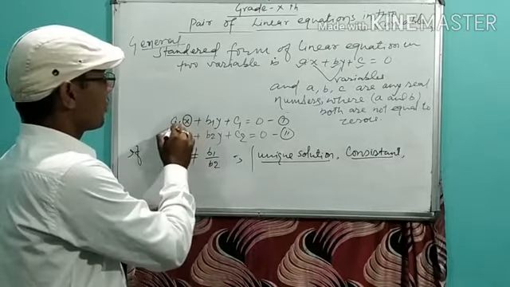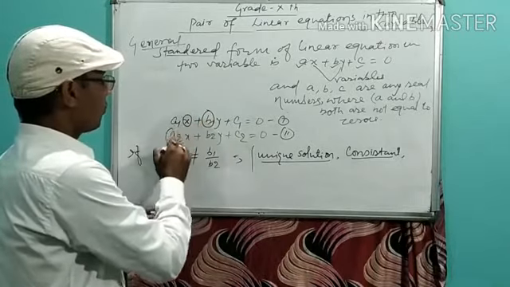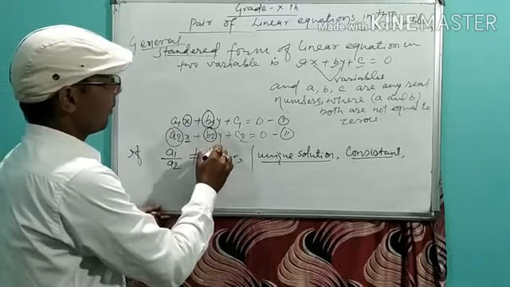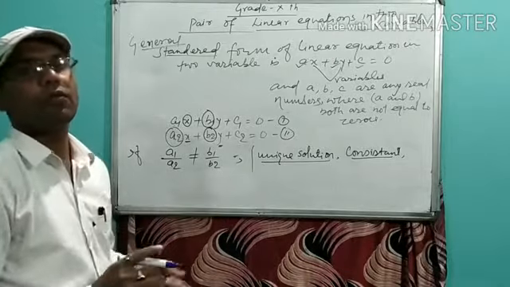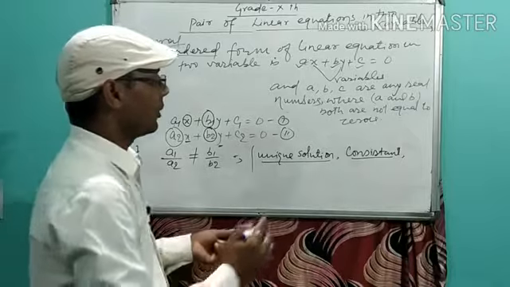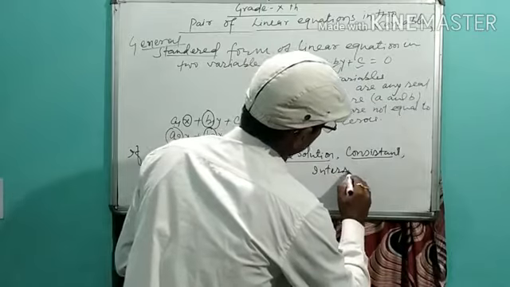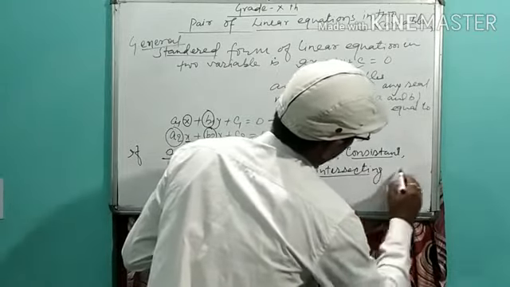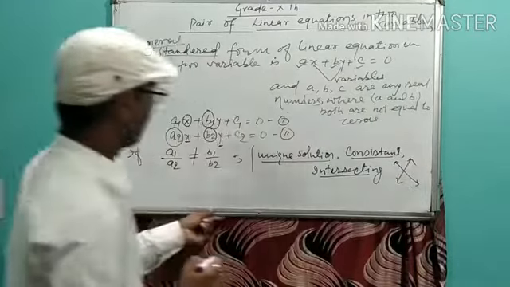A1 is the coefficient of x, b1 is the coefficient of y, a2 is the coefficient of variable x, b2 is the coefficient of variable y. In such condition, which type of graph will be? Intersecting. You can say this type of graph.